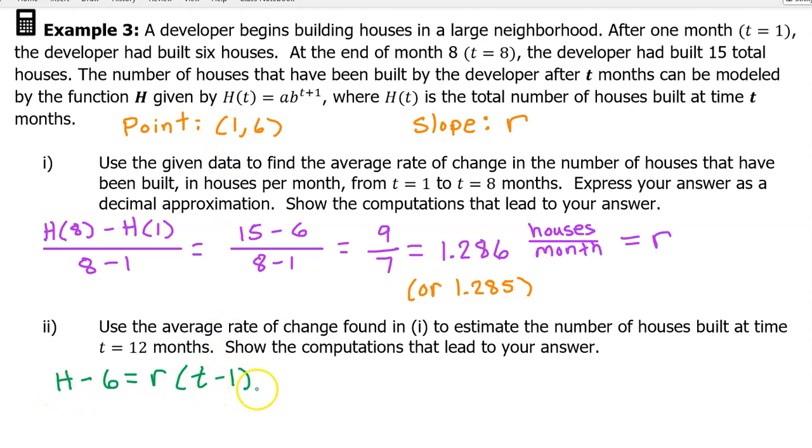This is the equation of the secant line, but to use it to estimate the value of a function, we need to get h by itself. So I'm just going to add 6 to both sides, and we get h is equal to r times t minus 1 plus 6.